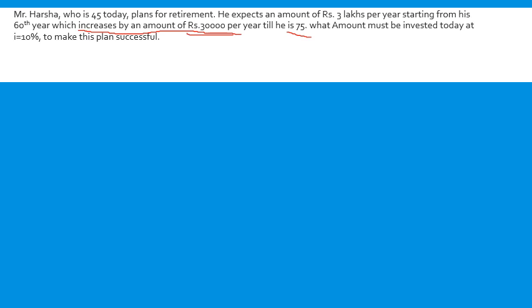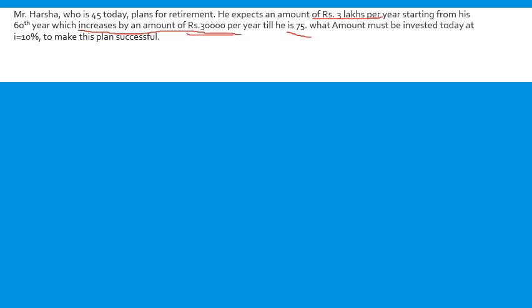What I would like to caution you here is that whenever it is uniform series of payments, there will be only one value, say 3 lakhs per year, 30,000 per year, 80,000 per year, that's all. But whenever it is a gradient amount factor, in addition to this 3 lakhs per year statement, there will be one more value stating that it increases by an amount of 30,000, decreases by an amount of 100, increases by an amount of 18,000, something like that.